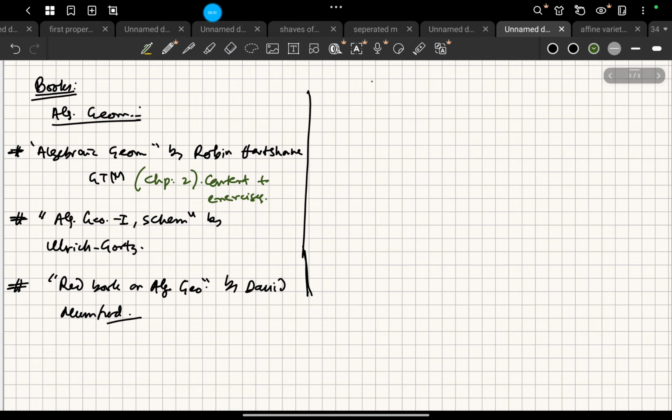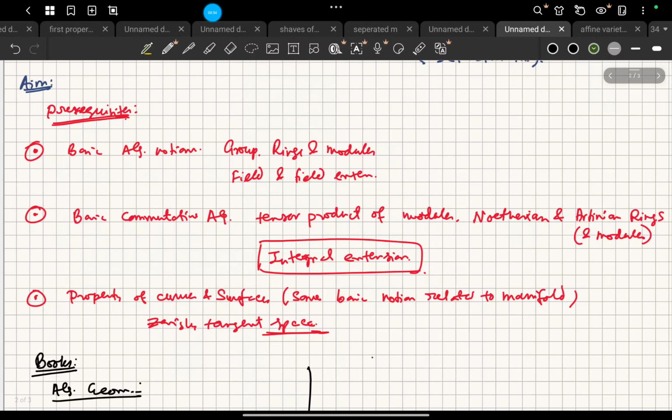Now, whatever I have written here as the prerequisites, if any one of you is not familiar with any of these prerequisites except this integral extension, for that purpose let me write as well for basic algebra, not the commutative algebra.